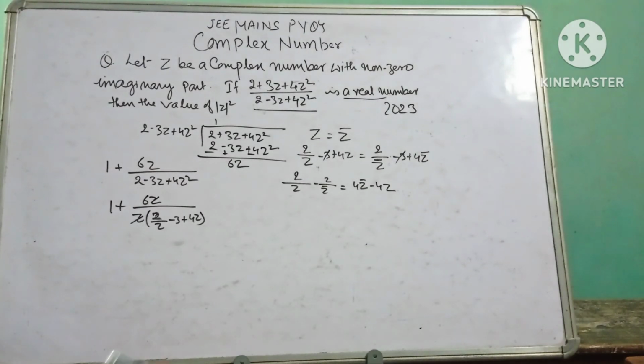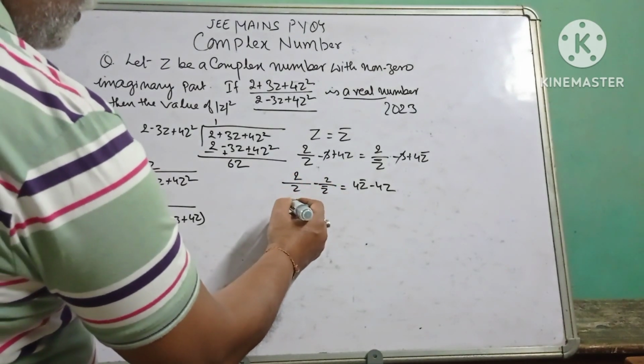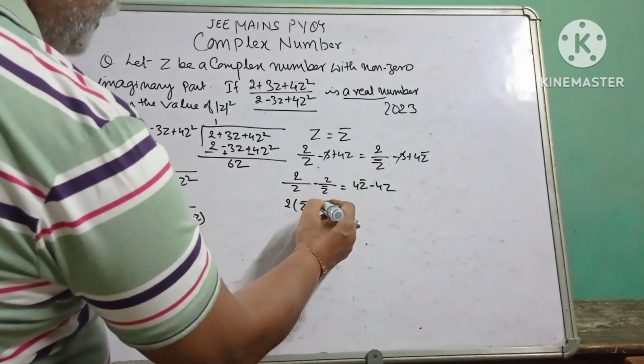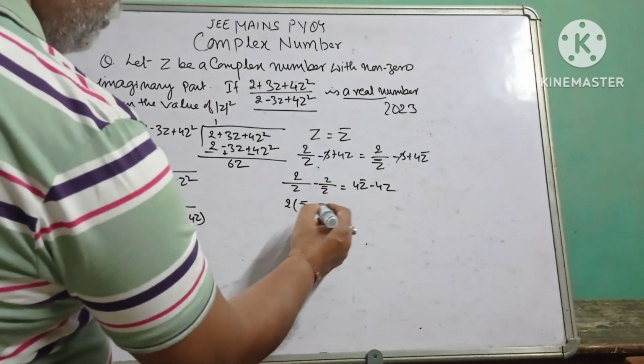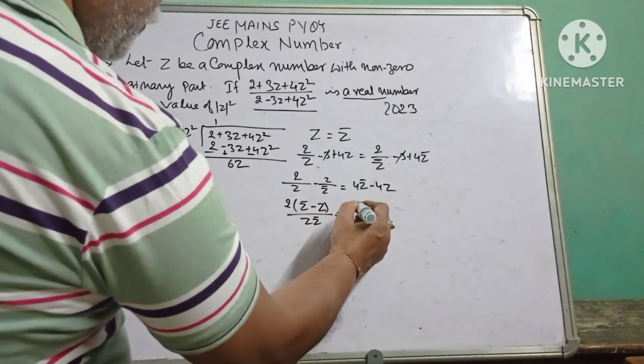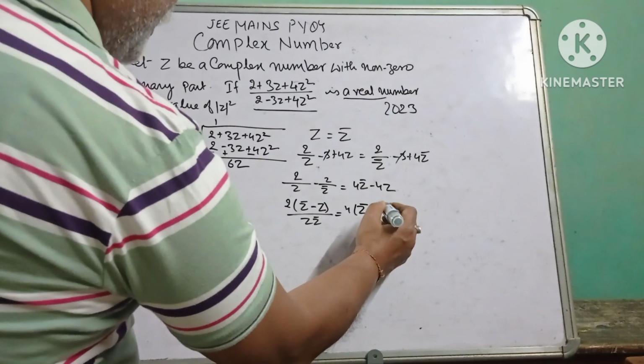So here you will get 2 times z bar minus z by z into z bar, that is equal to 4 times z bar minus z.